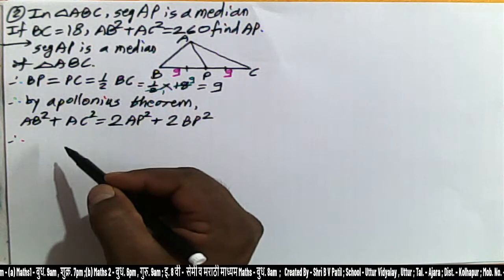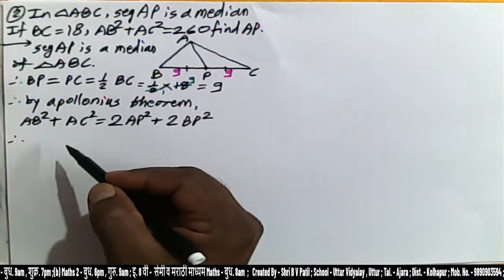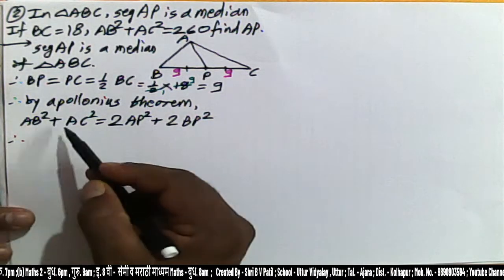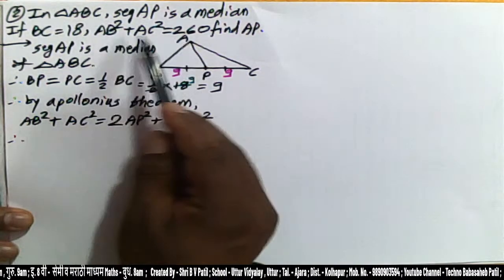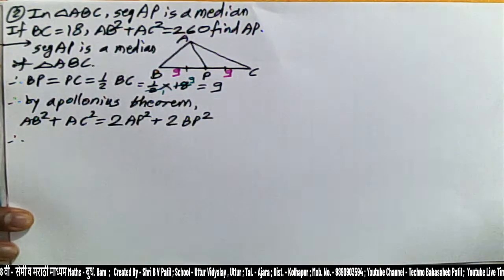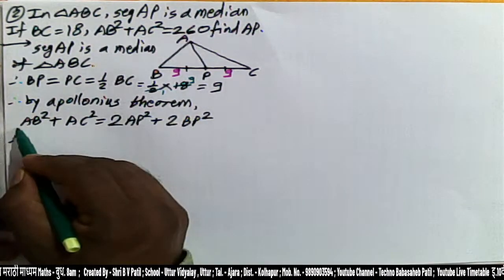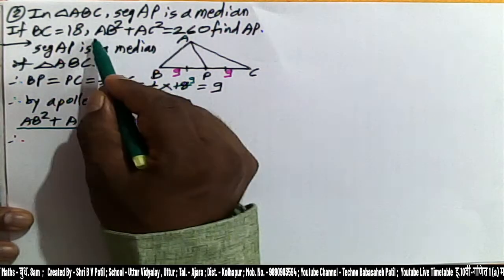Yes, good answer given. The value of AB square plus AC square is given here.